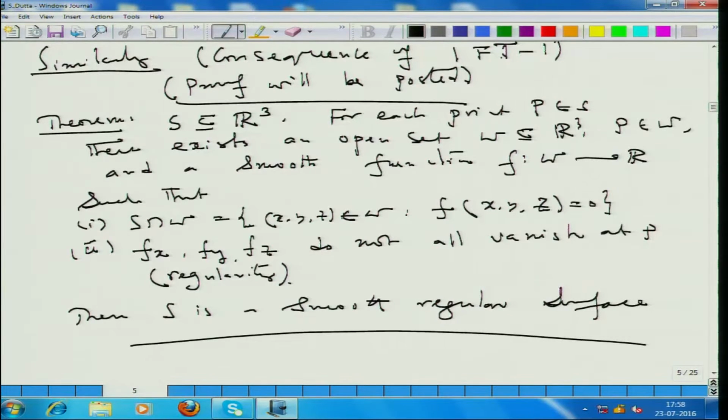So, this is a direct consequence of the implicit function theorem, and this is also in a way how you construct a surface.